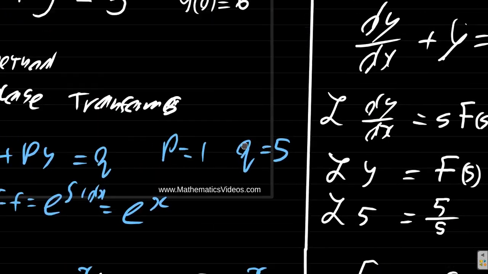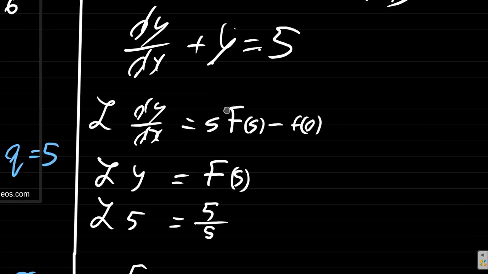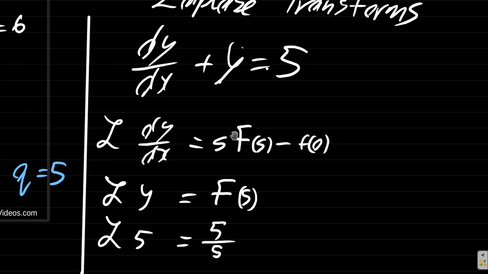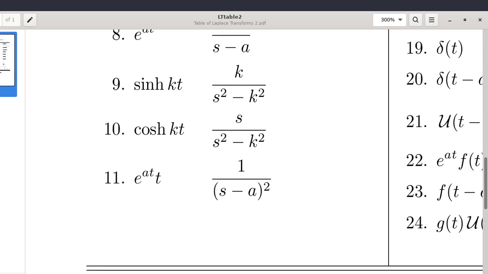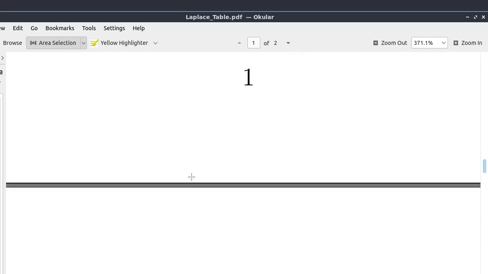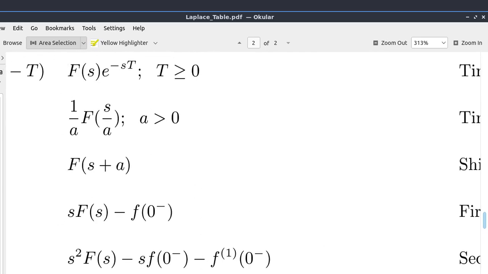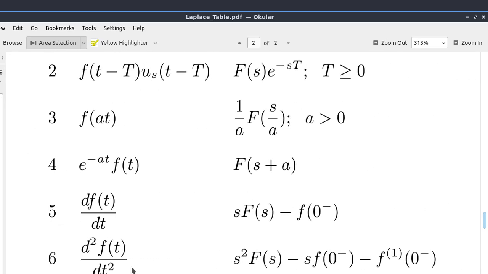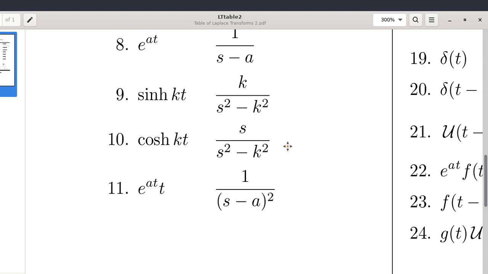The function is dy by dx plus y is equal to 5, right? And then we found the Laplace transform of dy by dx is F of s minus f of 0, right?